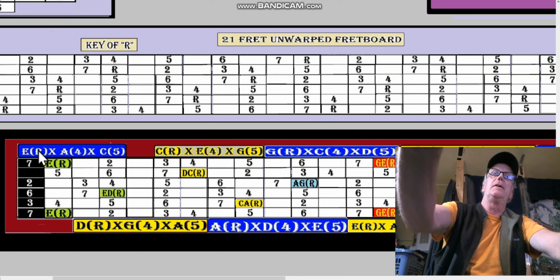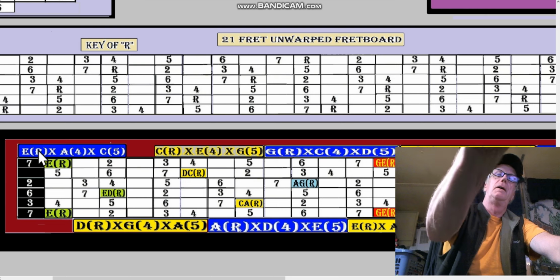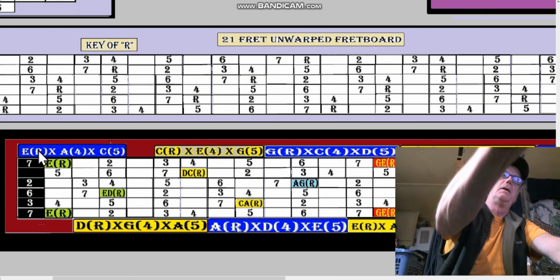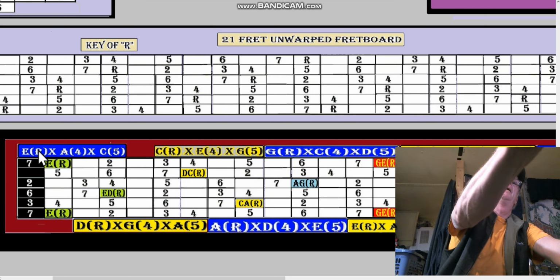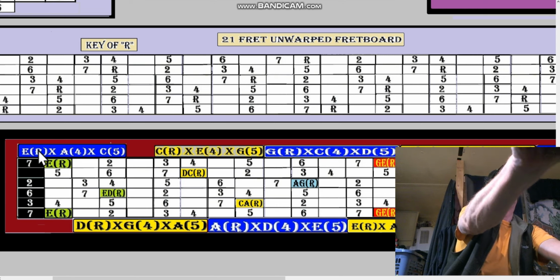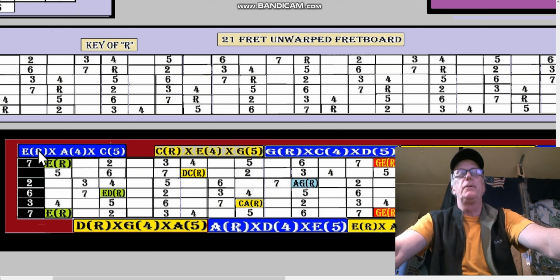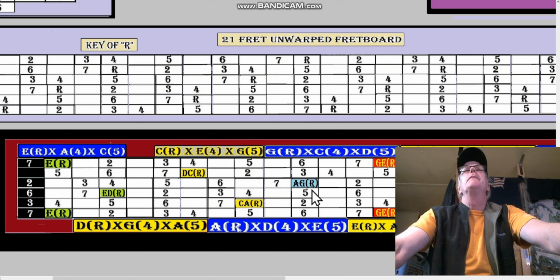Chromatically down. That was supposed to be an F. So it could be anything, but these relationships up top here hold.